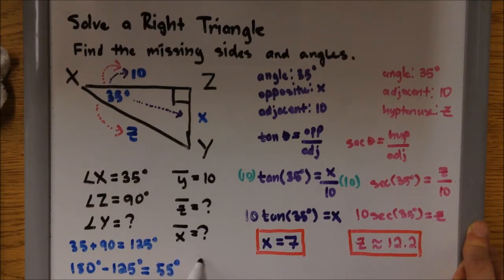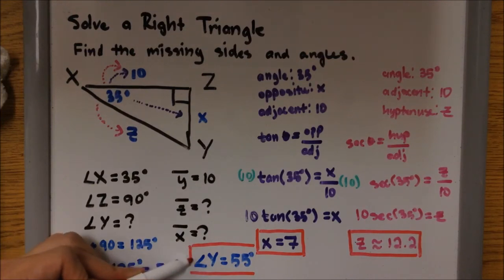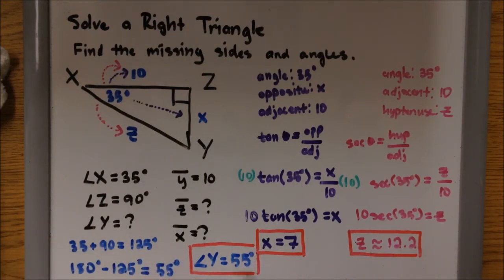So angle y equals 55 degrees. So that's our missing angle. Let me box that up.